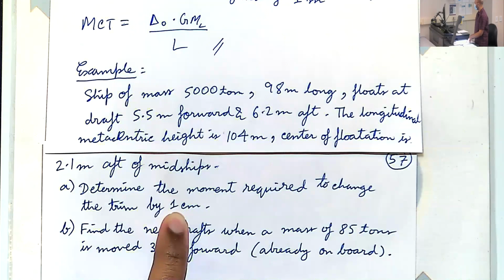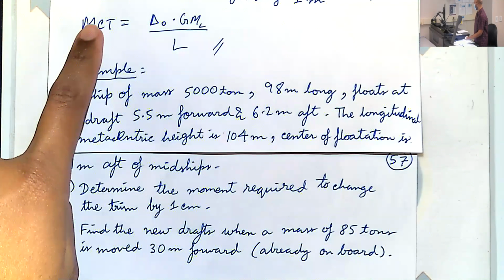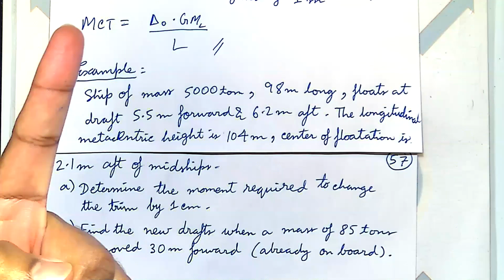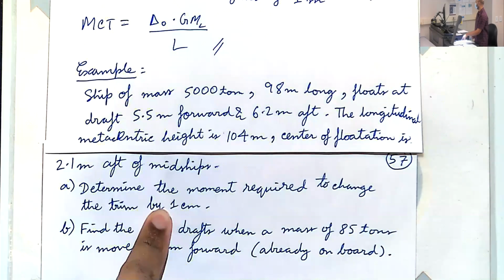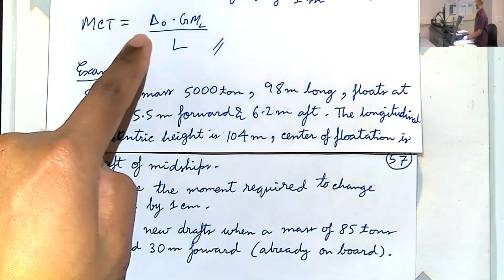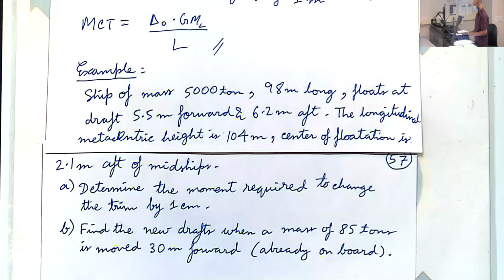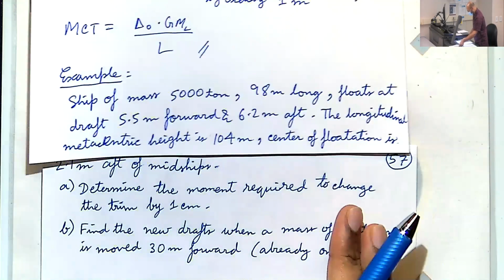Yeah, so MCT is moment required for 1 meter change. We are asked for moment required for 1 centimeter change. So we just take this value divided by 100, and that gives us the moment. Okay, so that's a very easy computation. Let's do that.